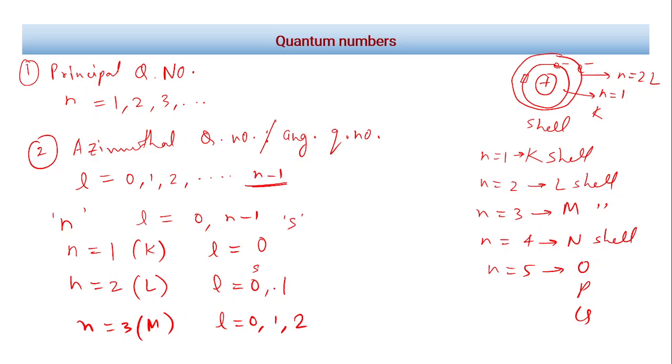Then there are two subshells for L shell, and this is S and P. Then we have L is equal to 0, 1, 2, which is three subshells denoted by 0, 1, 2. Sorry, this L is equal to 1 we call P, and L is equal to 2 we call D. So these are the subshells or angular quantum number.